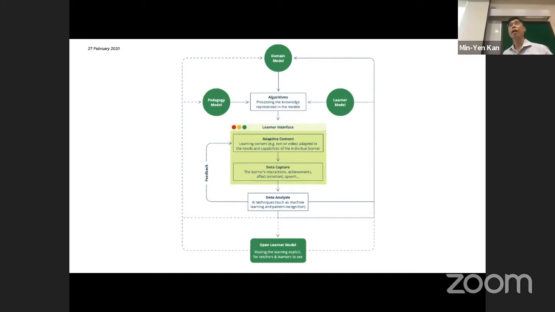It gets you to reflect, and because of that you can learn. You can also try different pedagogical strategies. The student may not agree: why do you judge me so low on this topic X? Give me a task that shows that I can actually perform better than that. So you can use an open learner model to try different pedagogies.